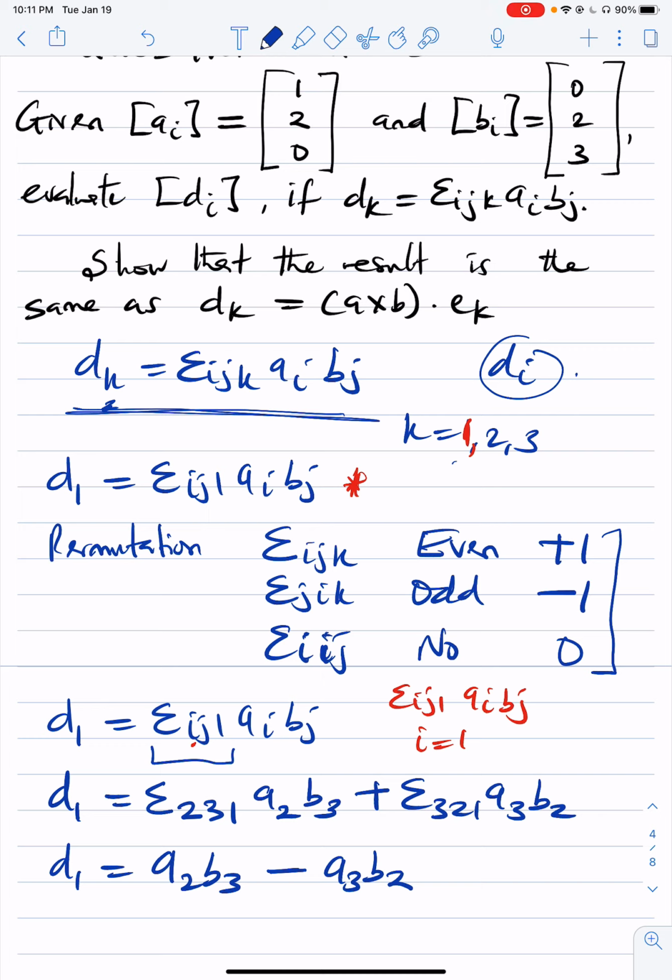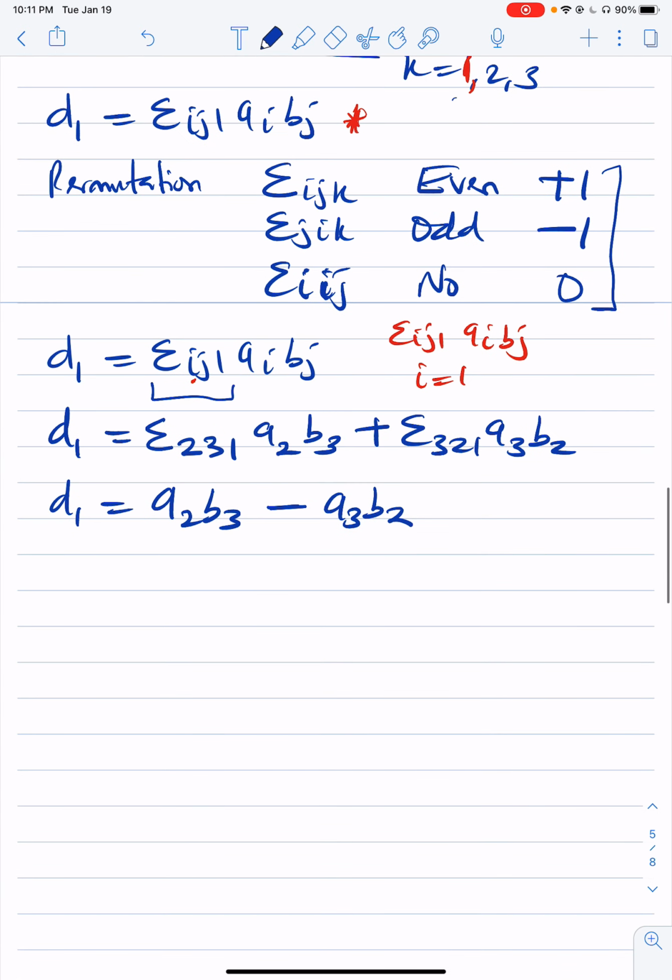I'll try and upload this PDF. So A2 from the question is 2, B3 is 3, A3 is 0, B2 is 2. So that should be D1 equals 2 times 3 minus 0 times 2 to give you 6.